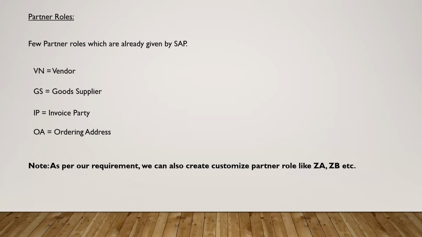If we try to search how many partner roles there are in the SAP system, we can easily find some standard partner roles like VN, which is vendor, GS, which is goods supplier, IP, invoice party, ordering address, etc. These partner roles already exist in our system, and if we want some additional partner roles, then we can create our own partner roles like ZA, ZB, and so on.